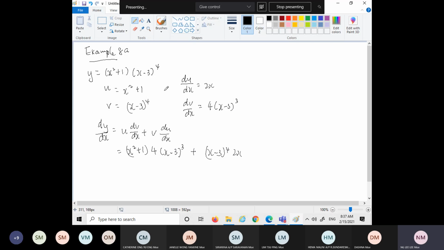Can you see I'm doing like a cross, this times this plus this times this. Can you see it?